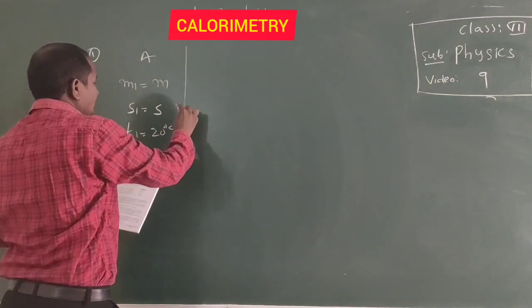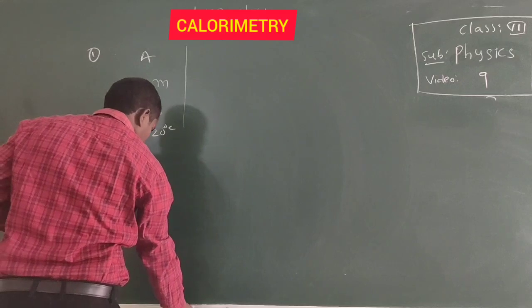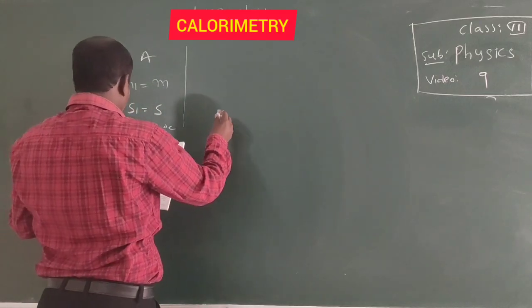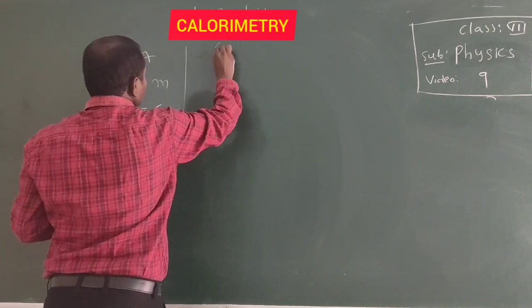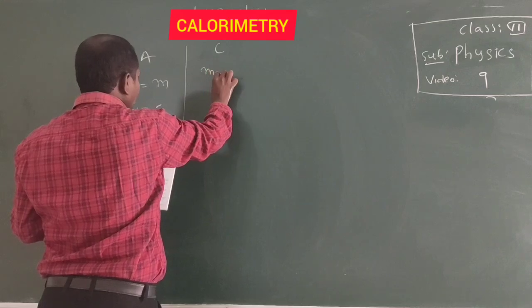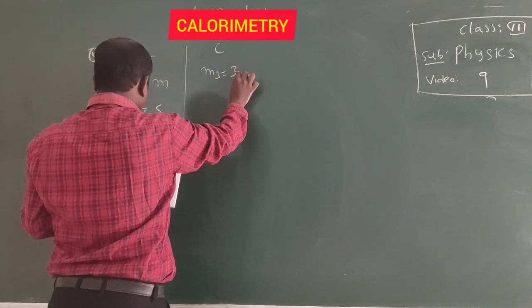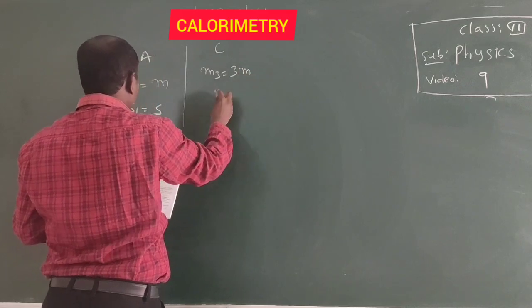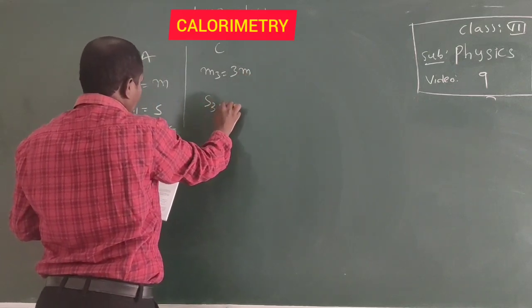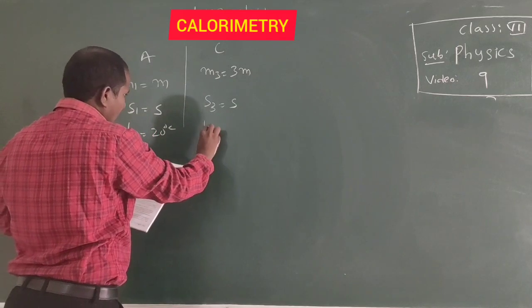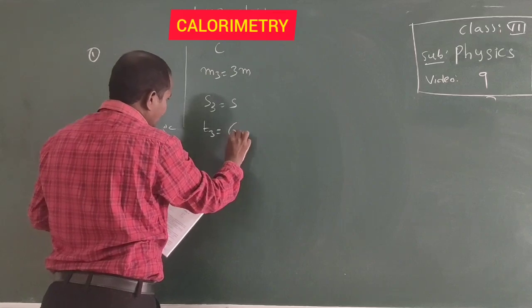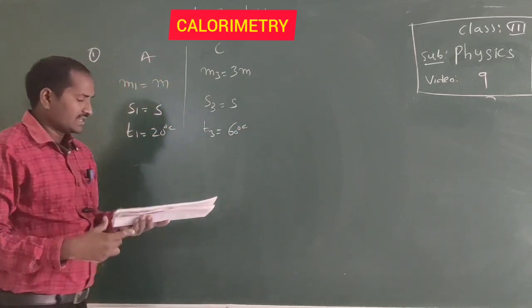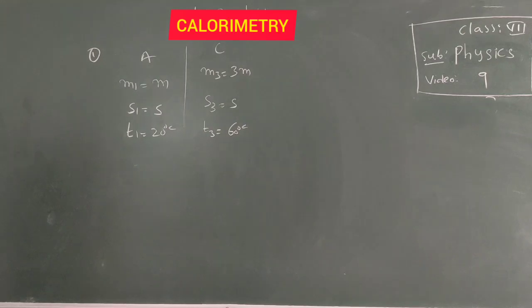So C: here C mass, that is M3 equal to 3M and S3 equal to S and T3 equal to 60 degrees Celsius. These two are mixed together. Then find the resultant temperature.